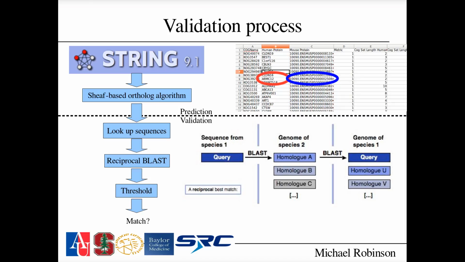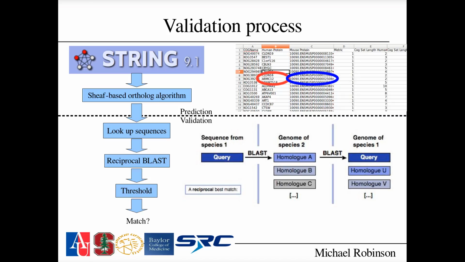We take the sequence from the first protein, and we use BLAST to find all the potential homologs in species 2. And then we take each of those and blast them back into species 1. And we ask, how well do we recover the same protein we started with? So does each proposed protein pick the neighbor, the COG we predict?